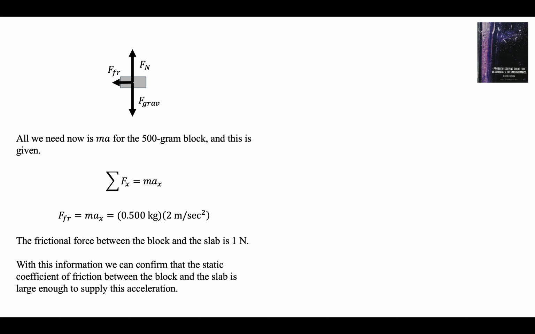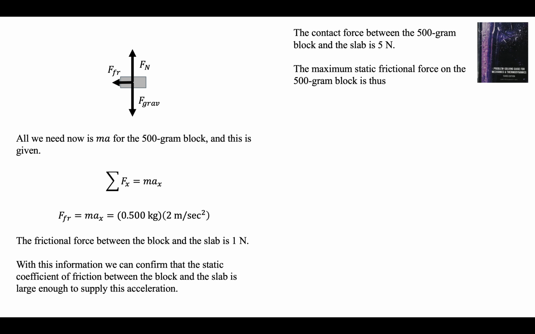Now we can calculate what the maximum is, and we should. We can confirm that this force is less than the maximum. The static coefficient of friction between the slab and the block can supply this acceleration. The contact force between the 500-gram block and the slab is 5 newtons, which we calculated. The maximum static frictional force on the 500-gram block is thus mu static F sub n, which is 2.5 newtons.